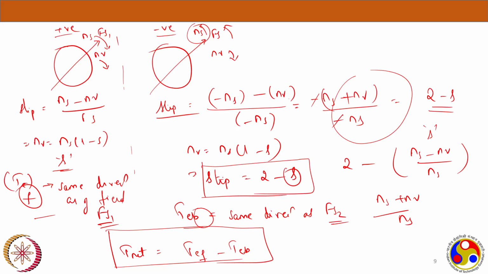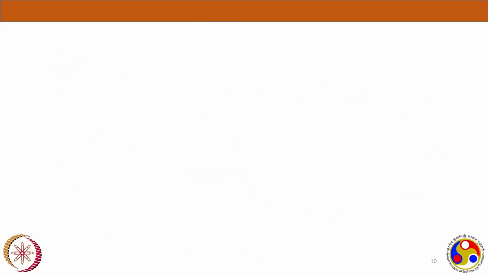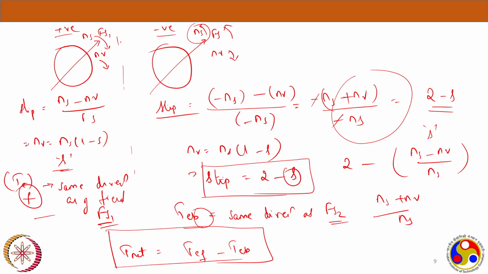Anyhow, we are seeing these individually, and the individual per-phase equivalent circuits we will see, and how these equivalent circuits will be for the two sequences, the positive sequence and negative sequence. For the positive sequence, I will have all the subscripts as 1: R1, X1, and here XM.